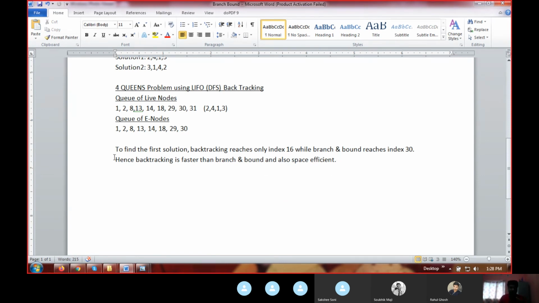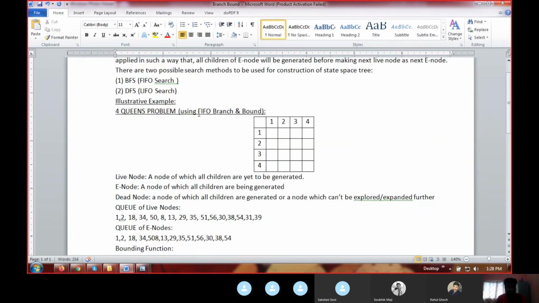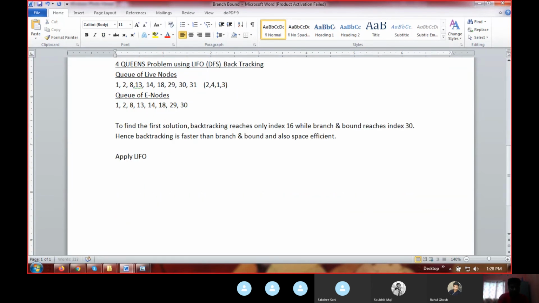What is the branch and bound? Okay, and I can give you one home task. You got to know now what is FIFO branch and bound, and what is LIFO. So now apply LIFO branch and bound, and construct the state space tree for the 4 queens problem.